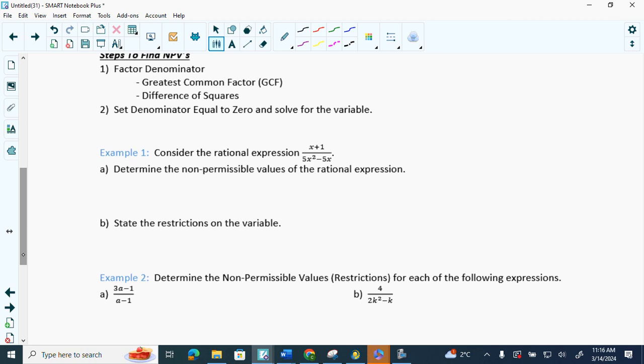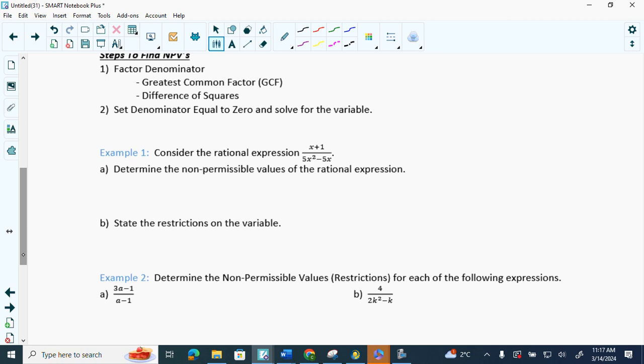You see those variables down here? That means there's a number I could probably fill in for x that would make my denominator 0. And if that happens, that's a problem. x can't be that number. So whenever you have variables in your denominator, you have to check for non-permissible values, values that are not permissible, aka restrictions. They can be called restrictions or non-permissible values.